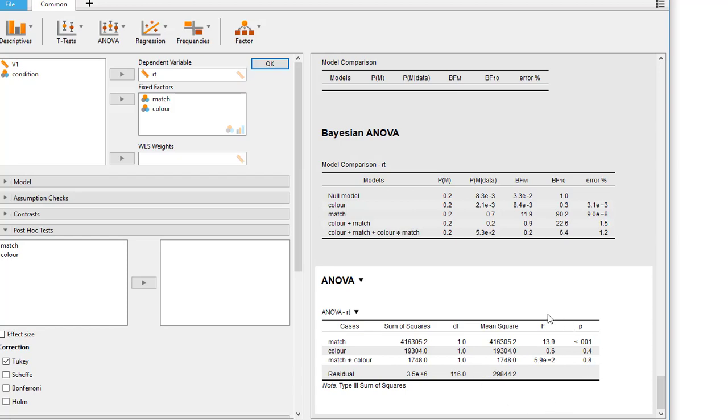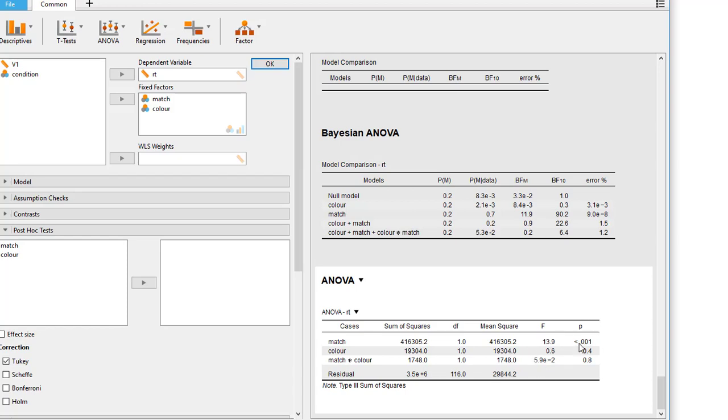The F value for match is 13.9, for color is 0.6, and for match and color we need to move that dot 2 places, so it will be 0.059. So very small F scores for color and the interaction, and 13.9 for match.